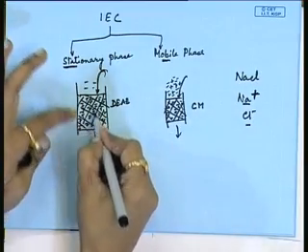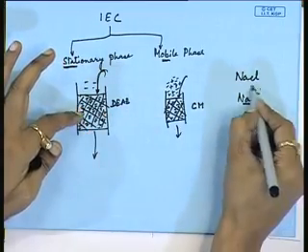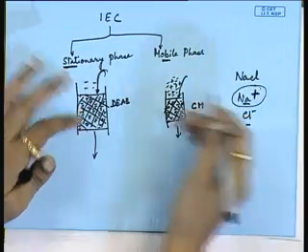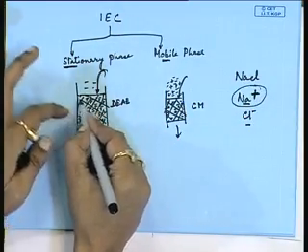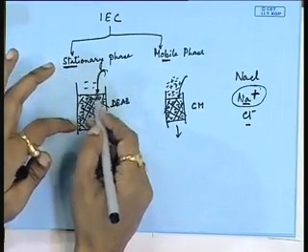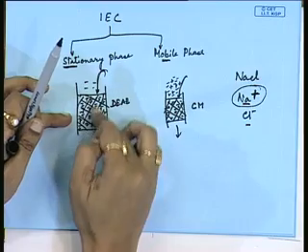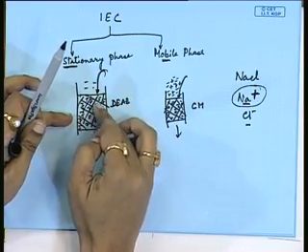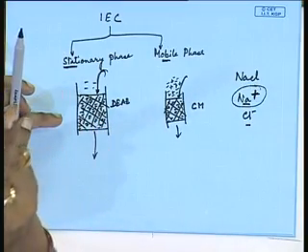So, this competition is going on, and if the affinity of Na is more, then it starts replacing the bound protein. Then the protein starts gradually coming out.